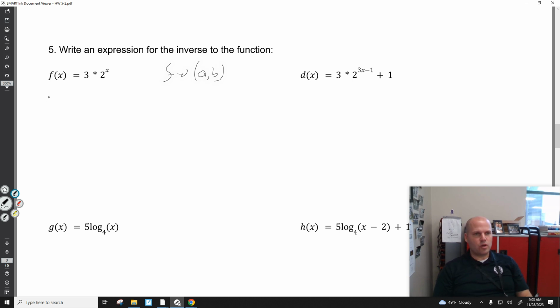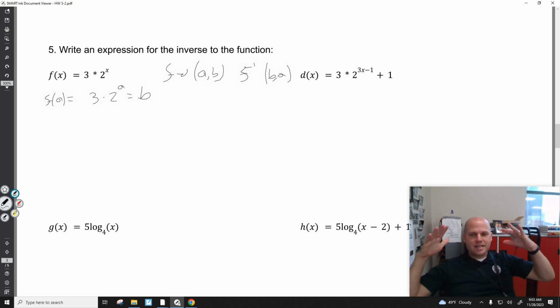So when you input A, you get B. The inverse will take that B and bring it back to A. I need some expression where I'm taking B, plugging it into a machine, and it'll bring it back to A.